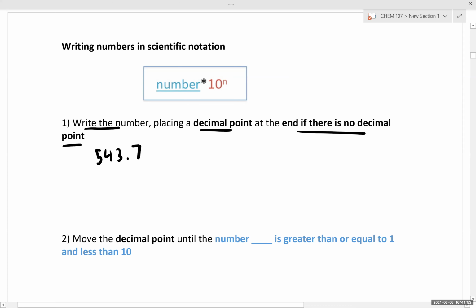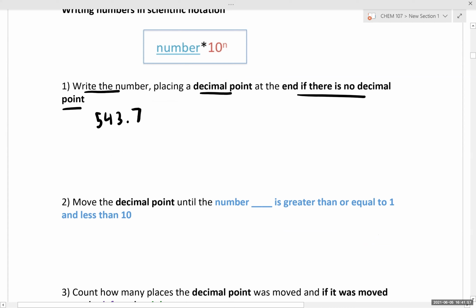Okay, so we've written out our number. From here, what we're going to do is move the decimal point into the number blank is greater than or equal to 1 and less than 10. So if we have 543.7, I move my decimal point.